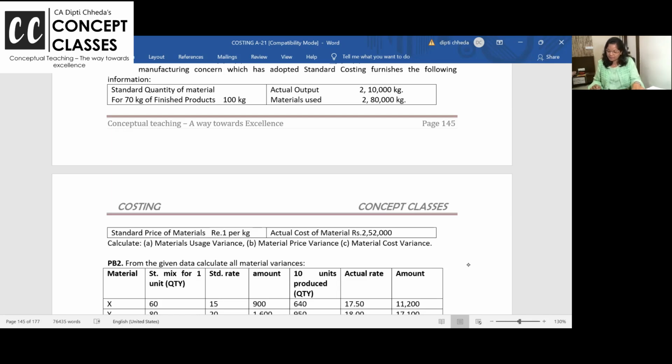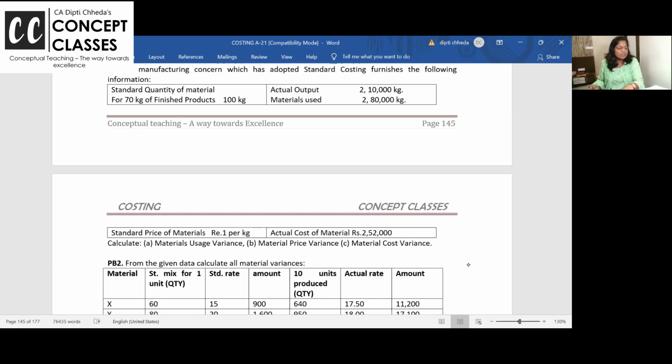Then material used is 280 kg. So the standard quantity is being used like this, the actual output is 210, and for that the material used is 280. Standard price of the material is 1, and directly they have given the actual cost only.